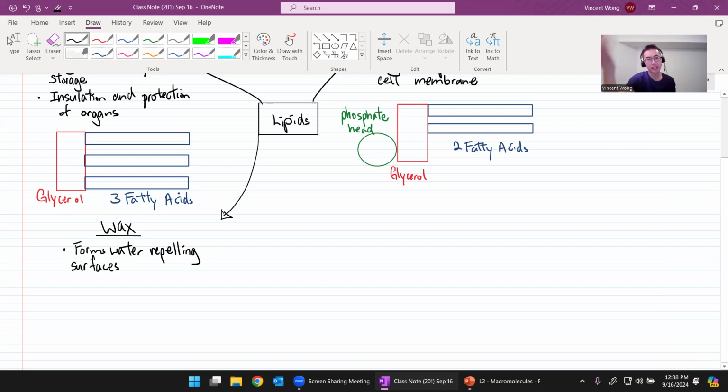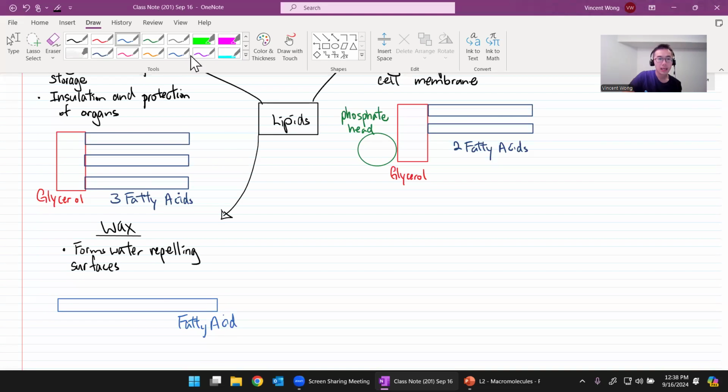So the skin of an apple, your skin, your hair, they are not gonna let water go through, right? So there's a bit of wax there. And to make wax, you need this fatty acid again. And on the fatty acid, there are a bunch of alcohols. When a molecule has OH, it is referred to as an alcohol.